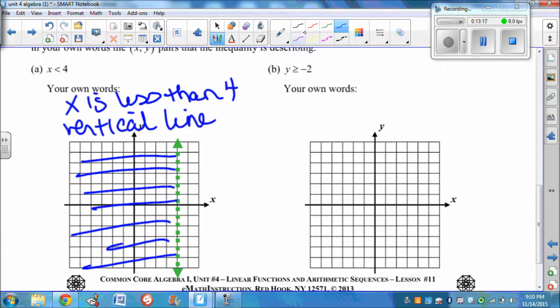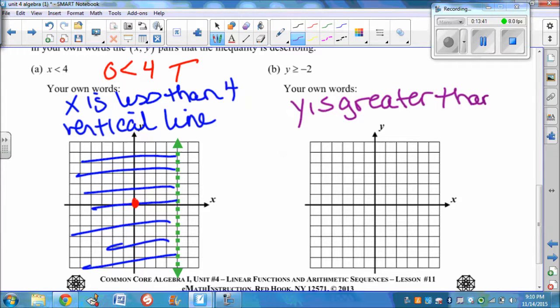And then again, if you're in doubt, pick a point. And if you can, pick (0, 0), just because it's the easiest. And check that. Is 0 less than 4? That's absolutely true. And this last one, y is greater than or equal to negative 2, and it's equal to, so y is greater than or equal to negative 2.